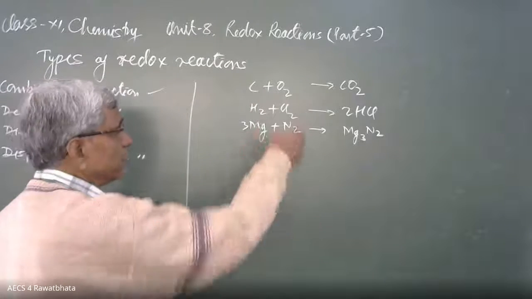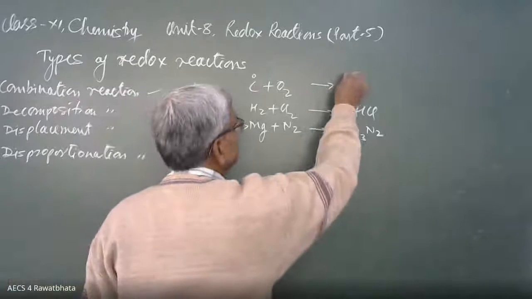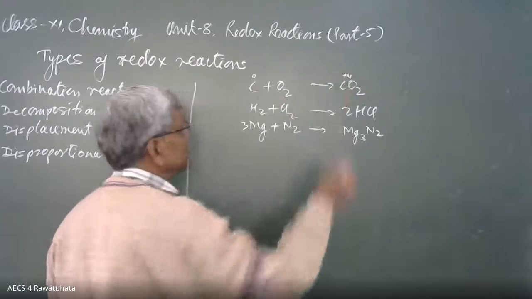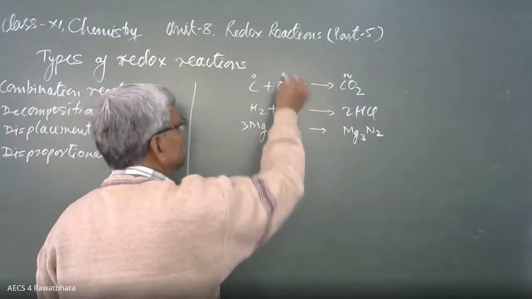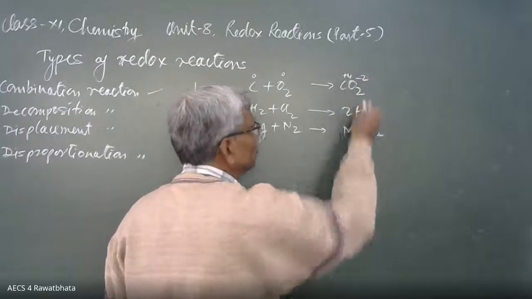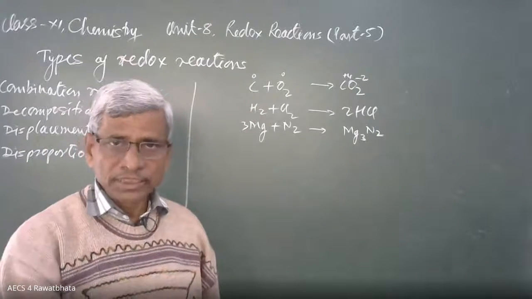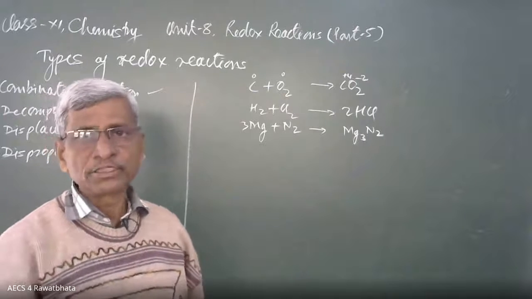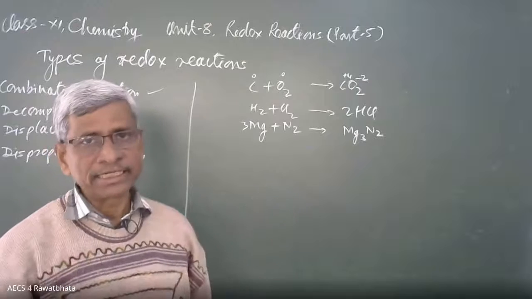See, how is it a redox reaction? C oxidation state is 0, and here C oxidation state is plus 4. This 0 to plus 4 is oxidation. Here oxygen is 0, and here oxygen in the form of oxide is minus 2. 2 oxygens contribute minus 4. So the oxygen element changes from 0 to minus 2, that is a reduction reaction. This is also a redox reaction.